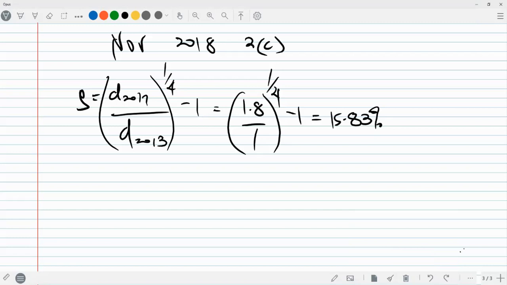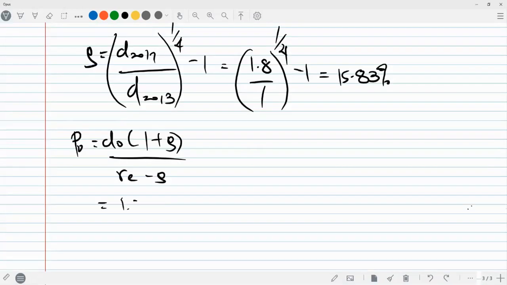Therefore, P naught, the current share price, is equal to D naught, the most recent paid dividend, times 1 plus g, divided by cost of equity minus g. The D naught paid in 2017 is 1.8, the growth in dividend is 1.1583, and the cost of equity, you've been told, is 20%, so 0.2 minus 0.1583.